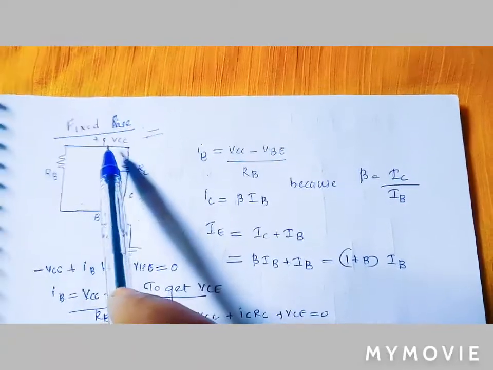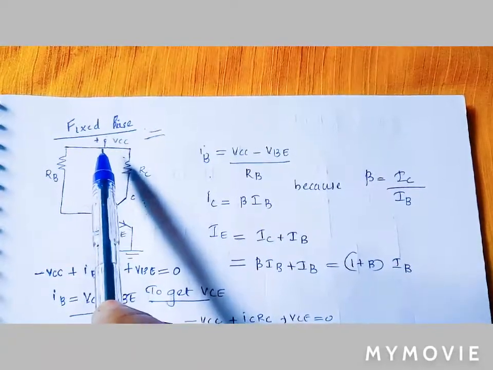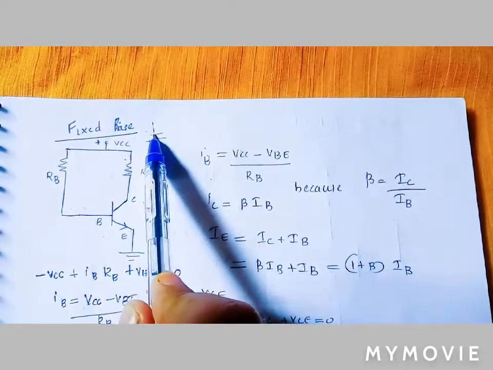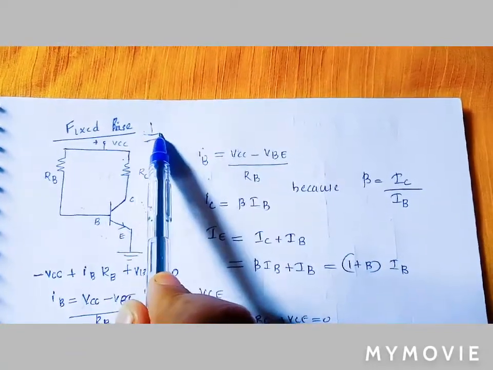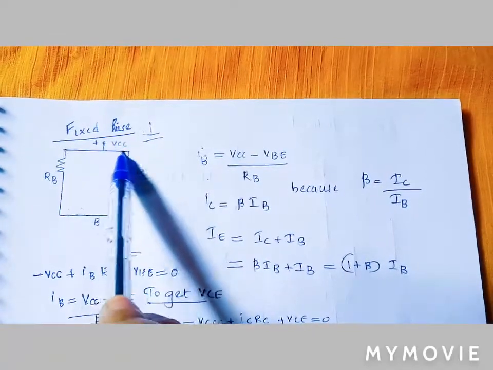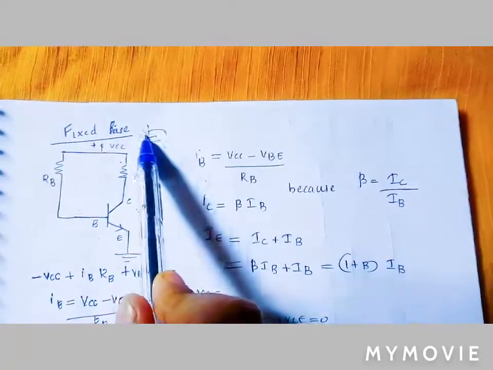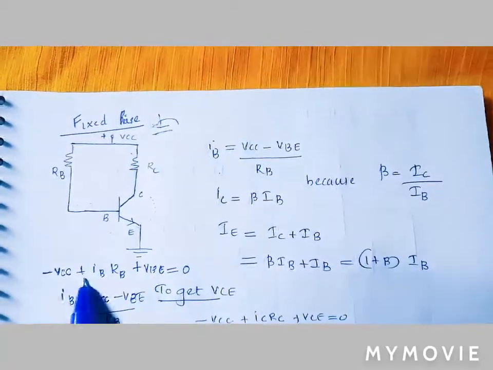So we can apply the voltage law like this. If we strike a terminal of the battery, that gives the sign of the voltage. If we strike the negative first, we take minus VCC.